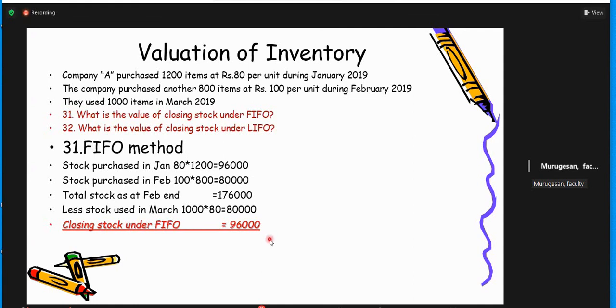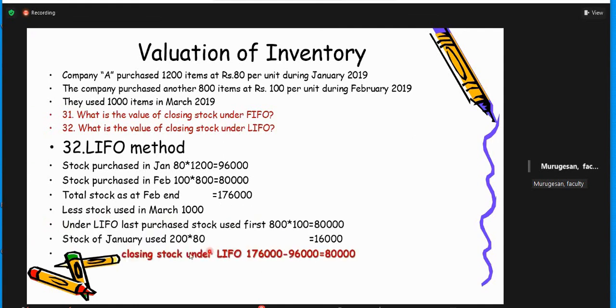Okay, now you watch the steps for LIFO. For LIFO, the stock purchased is the same 176. This will not change. The January stock is 96, February stock 80, so the total stock is 176. Now in March they are using 1,000, but this is not the FIFO method. Remember, this is the LIFO method.